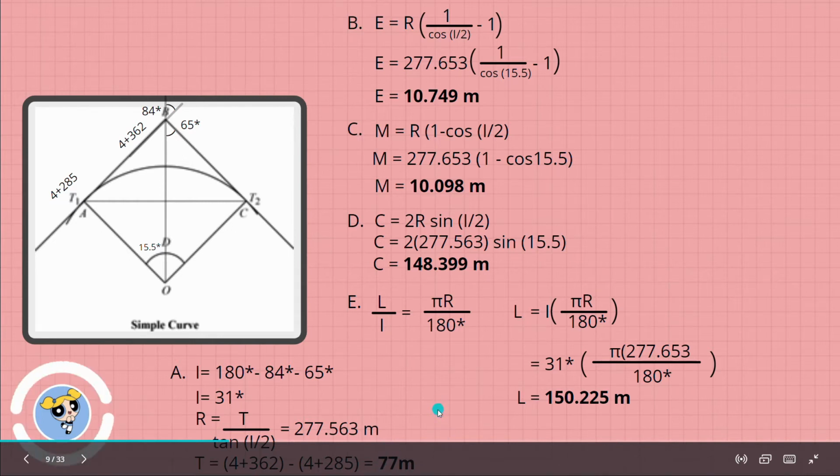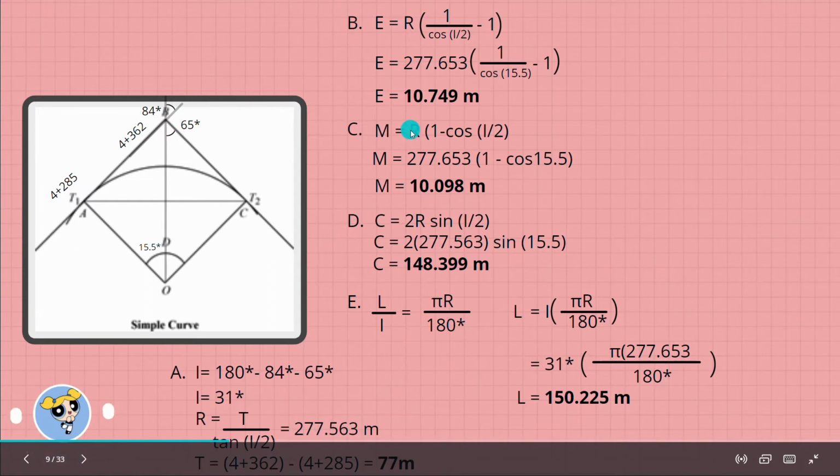Substituting these values to the formula of the radius, R is equal to T over tangent of I over 2, or simply 77 meters over tangent of 15.5. So we get an answer of 277.563 meters. This is the answer for the first part, this is now our radius.